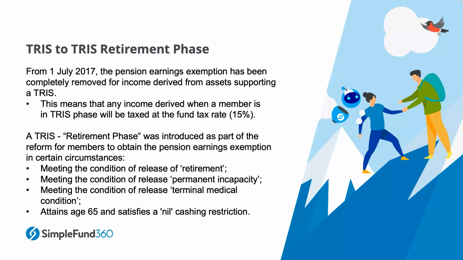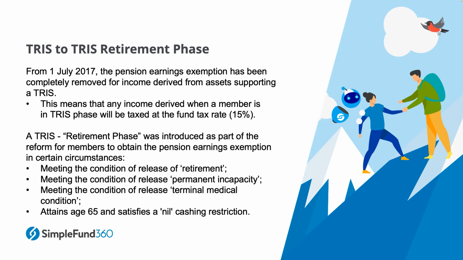As you can see there, we've got a conditional release of retirement, mental capacity, terminal medical condition, or even an age of 65. Okay, so not only do they have to satisfy the requirements of a TRIS, but they also have to satisfy one of the conditions under a TRIS retirement phase.